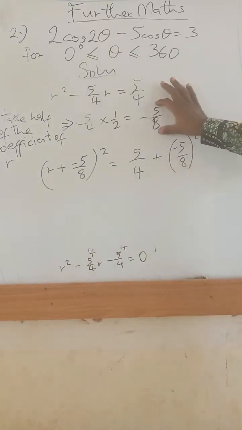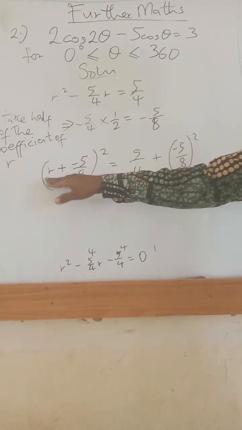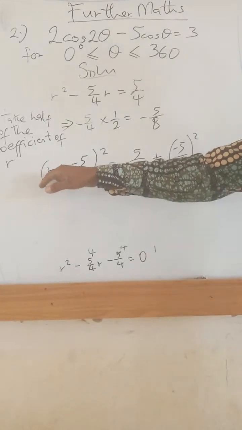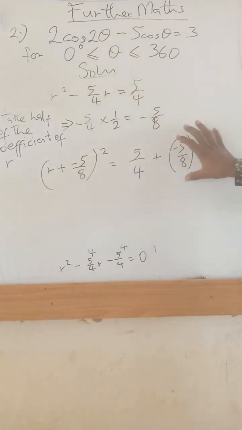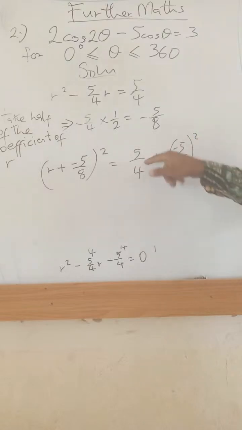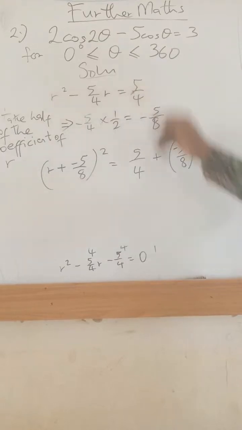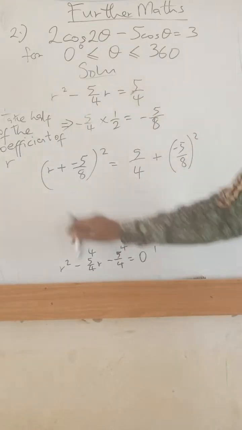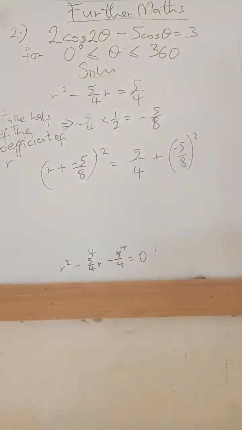So the half is taking this side and relating it to r, taking the square of it, and then on this side, you're adding the square of half of the coefficient of r to the constant that was taken to the other side.